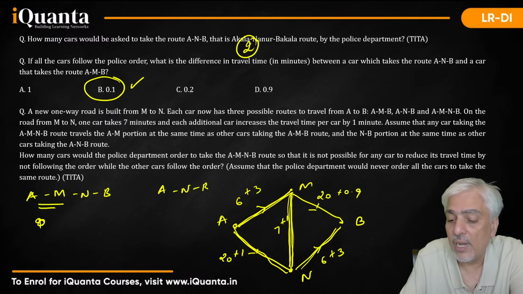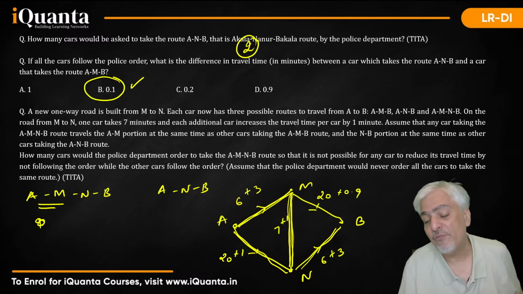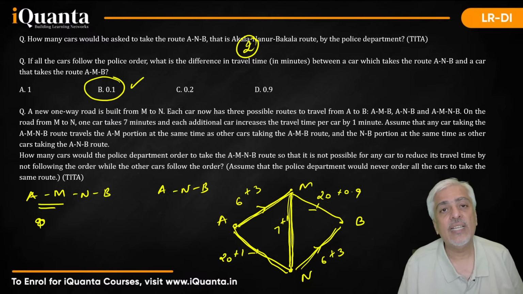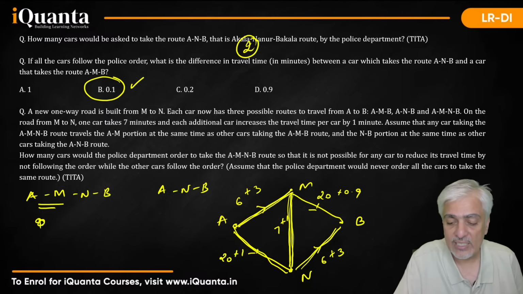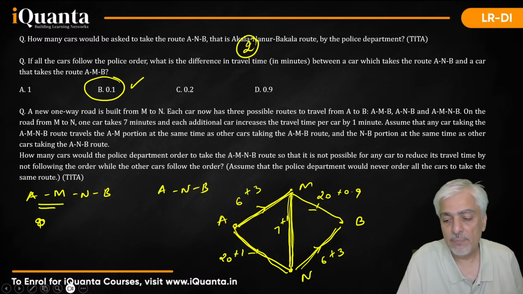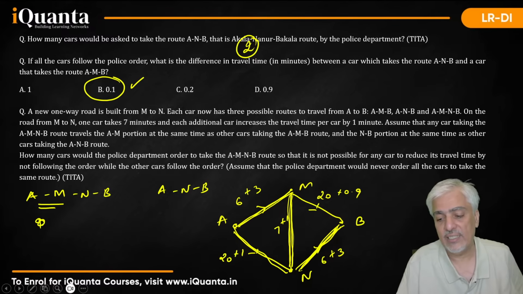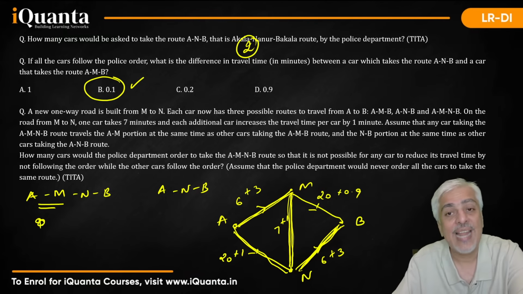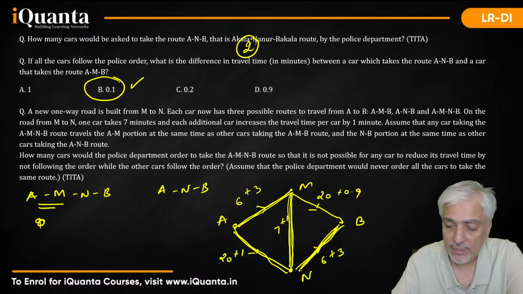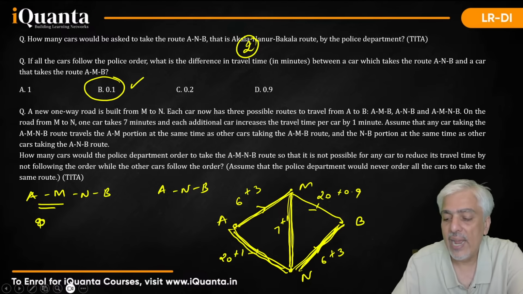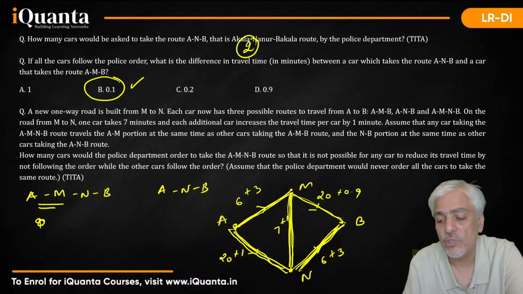But then in NB there'll be four cars, and that will be a problem. Then on NB there are four cars, and the time will change drastically. So what I next did is I thought, let me send one car in this route and three cars over here, out of which two cars will come down and one car will go straight.